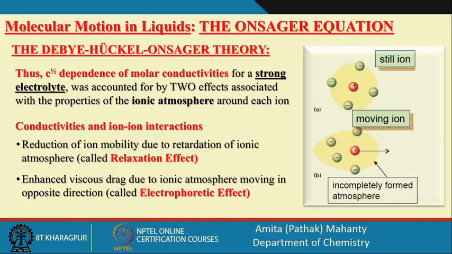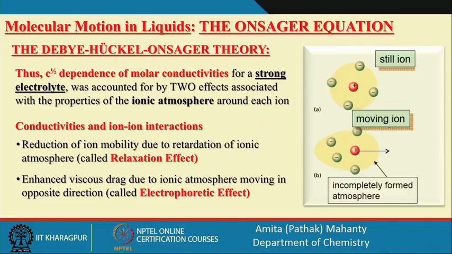We are trying to interpret the lower value of molar conductivity in terms of the retarded movement of the ions in solution. This retarding motion of the ions in the presence of an electric field can be explained on the basis of ion-ion interaction. One is the reduction of the speed of the ion due to the relaxation effect, and the other is the reduction in the mobility or speed of the ions because of the electrophoretic effect.